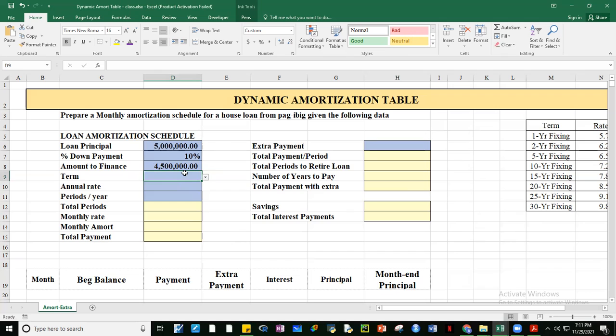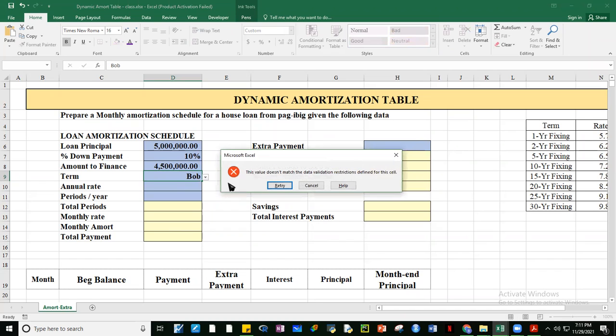Because this is what we call data validation. What's the use of data validation? Data validation is used, okay, it's used, what's the proper word for that? To restrict whatever values you can put in a cell. Okay, so for example, if I type here Bob, okay, I'll type Bob and enter, and notice it gives us a message.